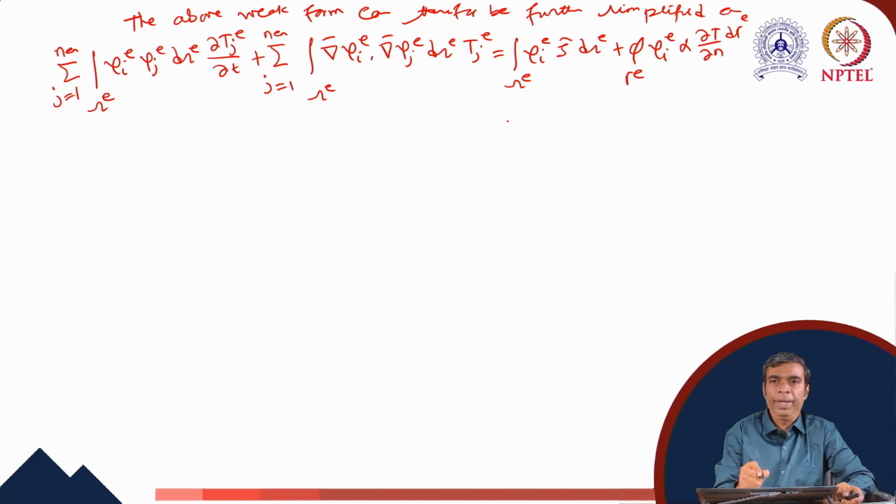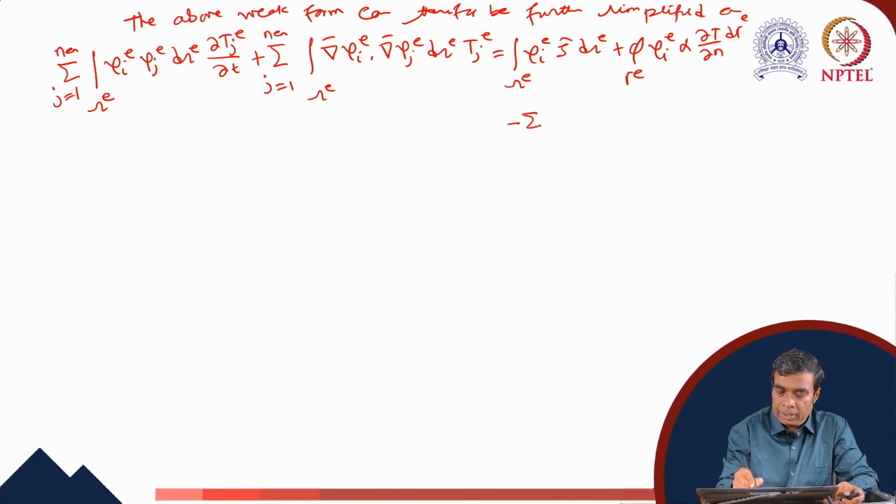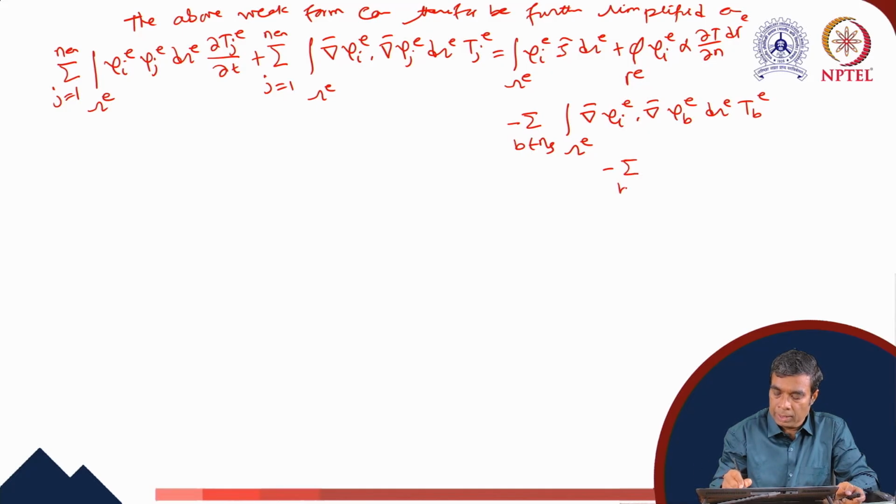Now we bring the left hand side portions due to EBC to the right hand side. Both of these terms are positive terms, so they should be connected with the negative signs. Minus summation over b belongs to eta_g integration over omega^e gradient of psi_i^e dot gradient of psi_b^e d omega^e t_b^e, minus summation over b belongs to eta_g.